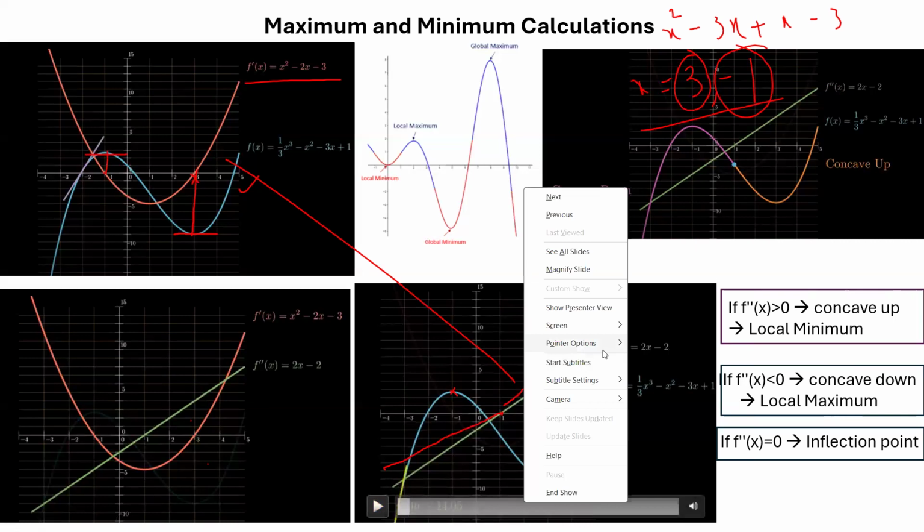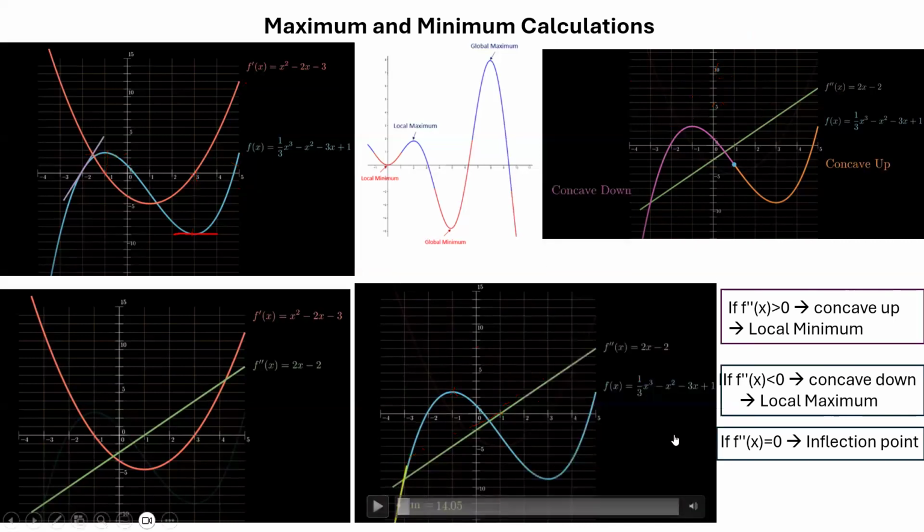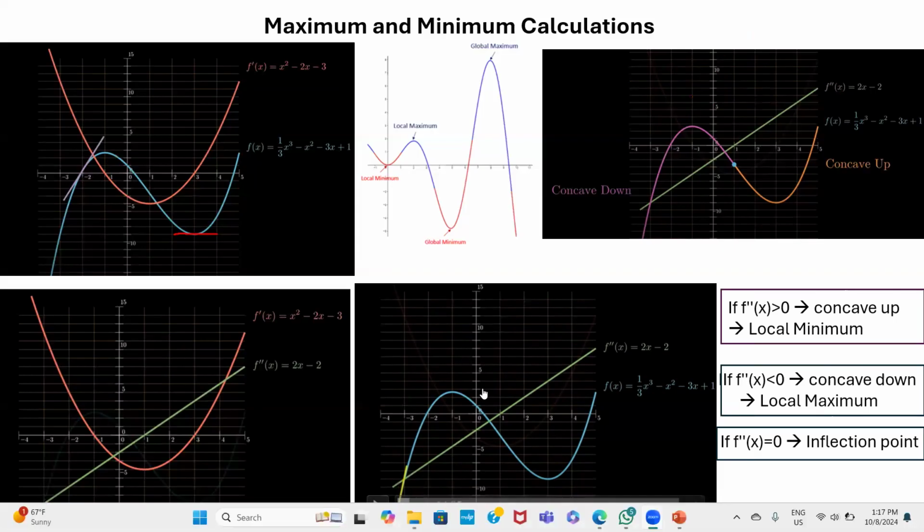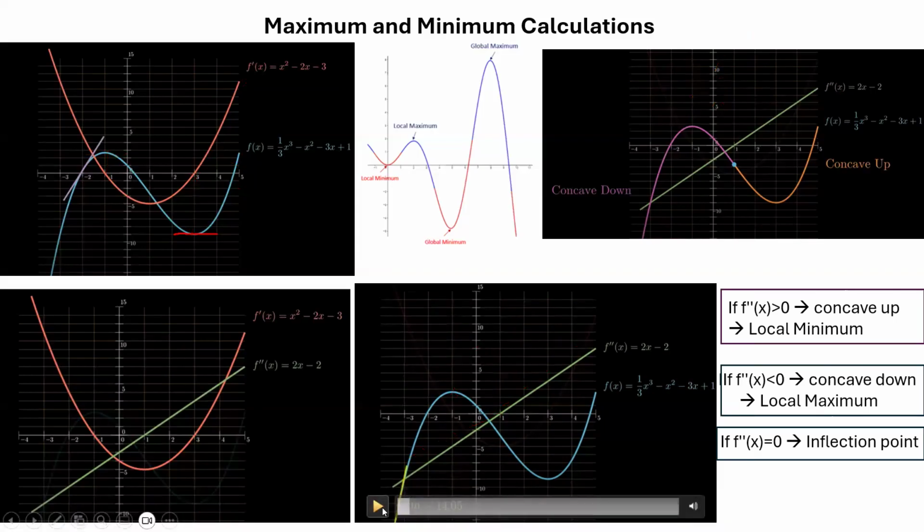Let me just clear everything. So just focus on the values of m here. Now the value of m here is 14.05, right? Here it is 10.21. Here it is 5.41. It's 0.46.